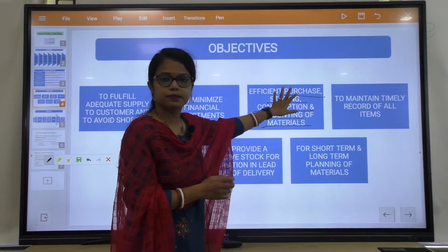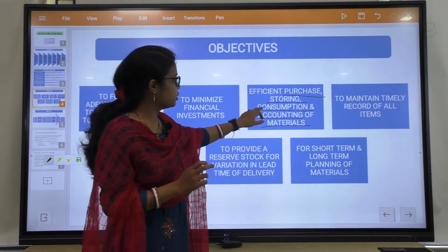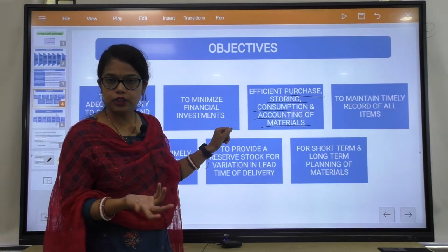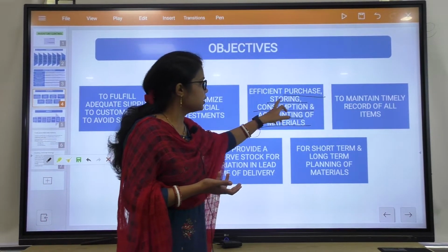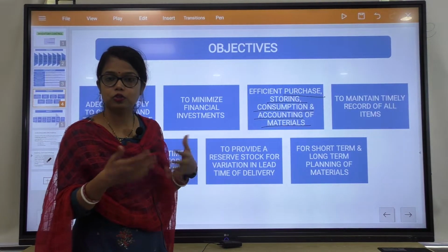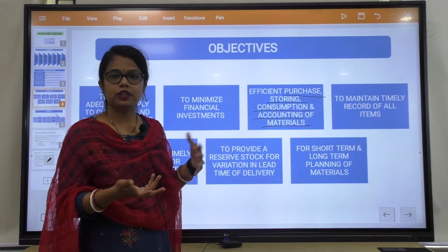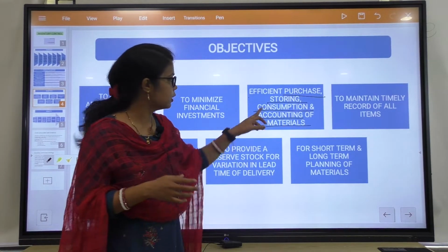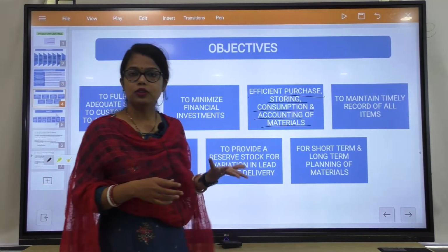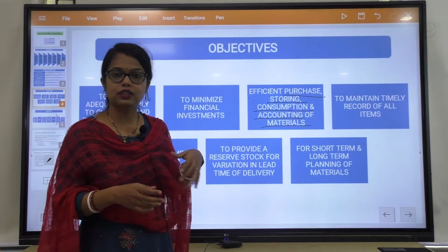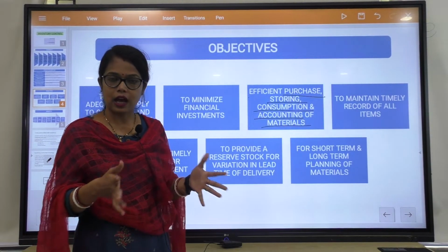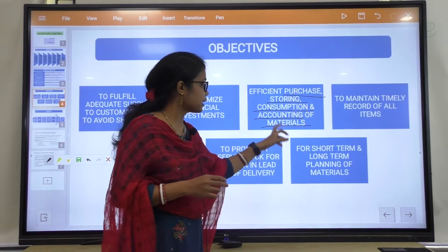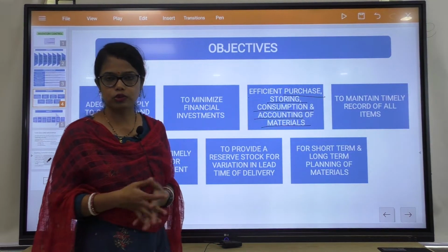Purchase is most important: how many orders the company is receiving per day or per year or per 6 months. Then storing: how the company is storing the products so that they are not getting damaged, efficient storing. Then consumption: how the company or industry is consuming the consumable product, efficient consumption is also required. Then accounting of material, accounting is most important.